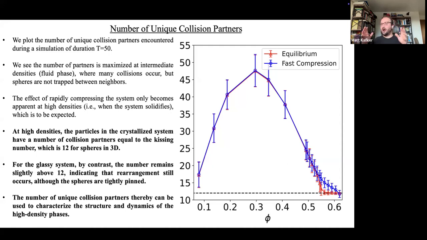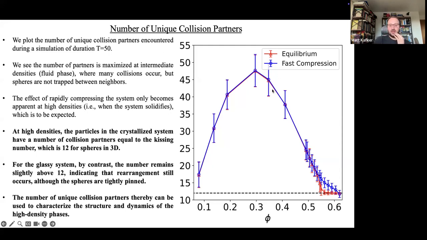What this means is if you have a moderately dense fluid, where the system is not yet crystallized into a solid, those particles are moving around and they're encountering many other particles over the course of their simulation. By contrast, if you imagine a perfectly regular lattice, that particle exists in a cage, right? And it's only ever going to meet the neighbors that form that cage. It's not going to move through the substance and meet a bunch of other particles.